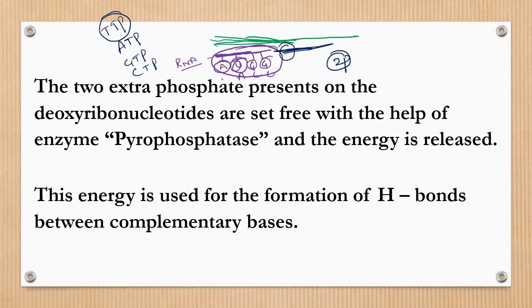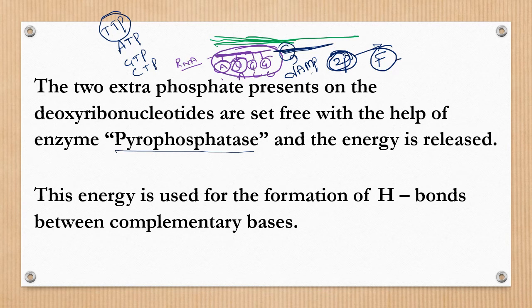Triphosphates, no? Only dAMP, the monophosphate, is added here. What about the remaining two? They become free with the help of an enzyme pyrophosphatase. When the phosphates are released, that is nothing but releasing energy. Remember that one: free energy is produced.